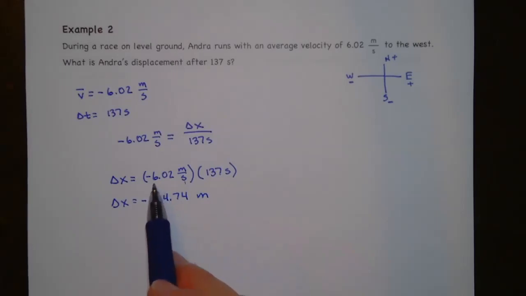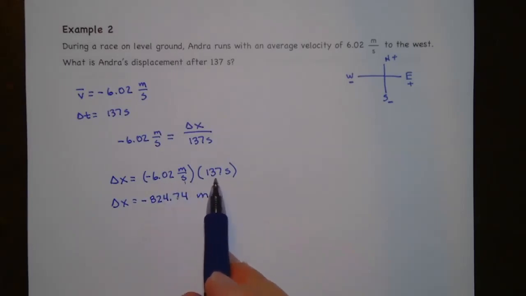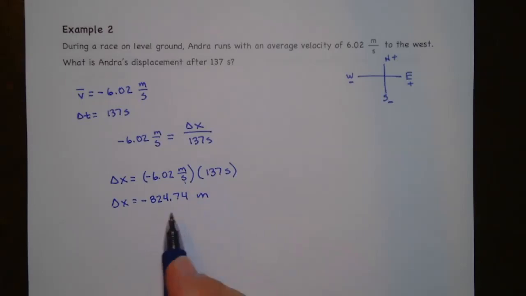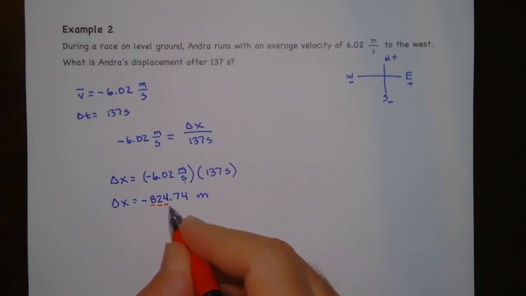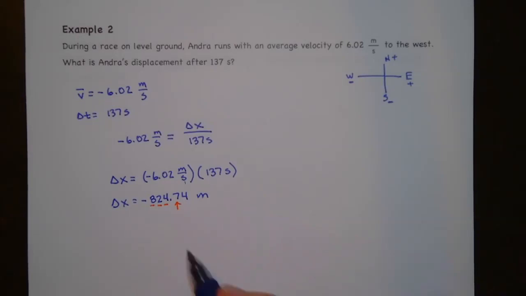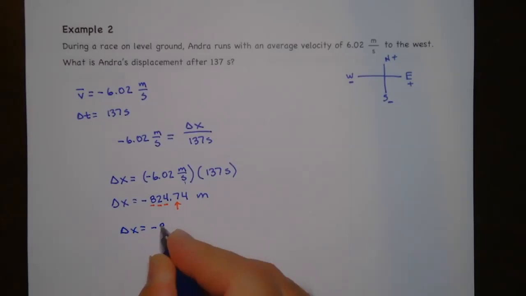Here we have 3 and here we have 3, so our answer should only have 3. This is our first one, second one, third one. We look at the fourth one, which is 7, to determine, and because it's 7, we round that 4 up. So my displacement, my delta x, should be negative 825 meters.